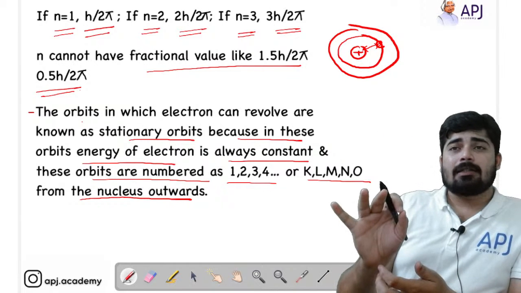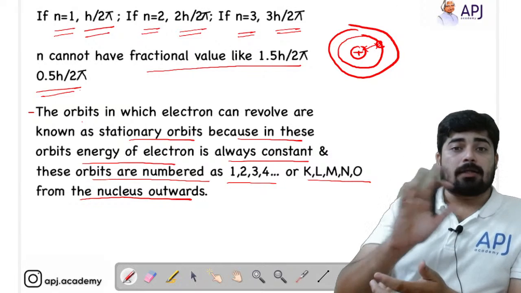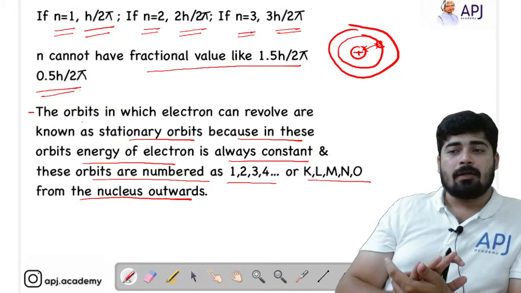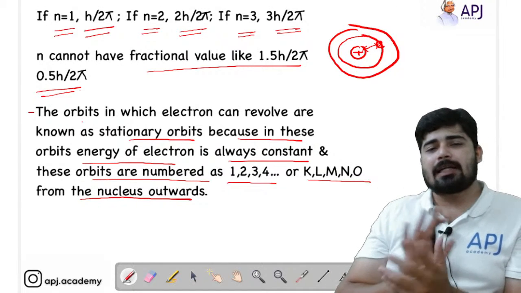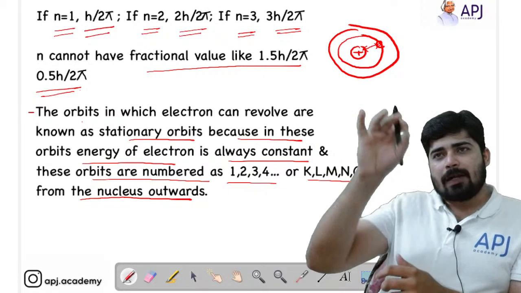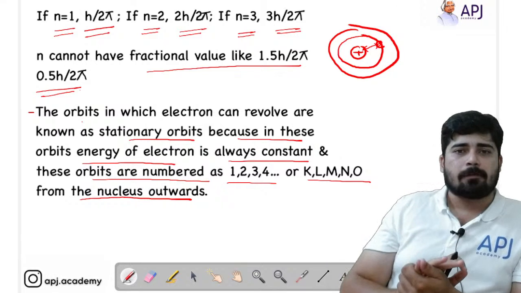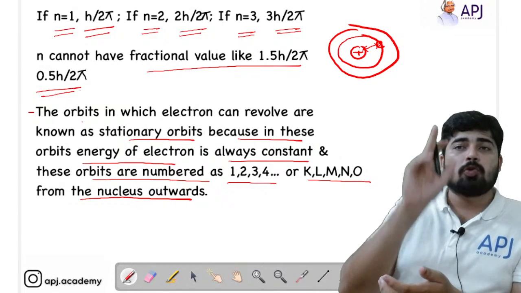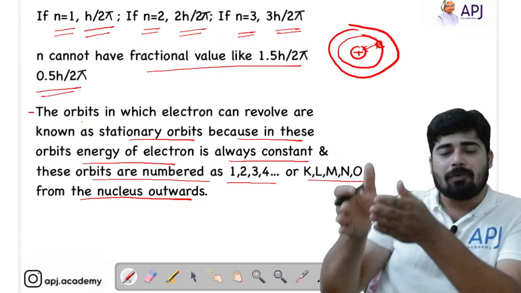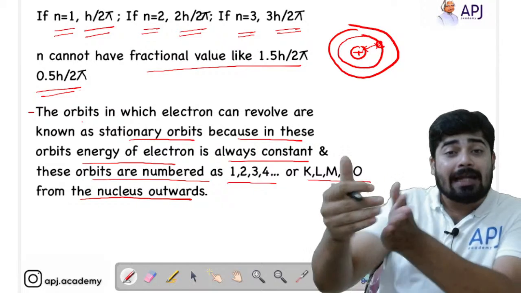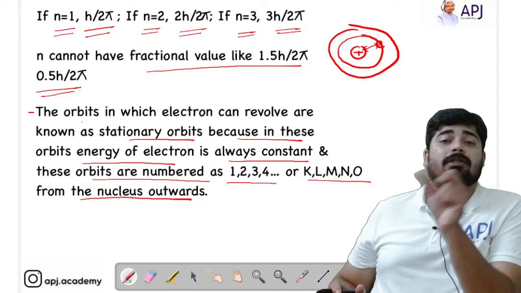So here Rutherford failed to explain the stability of the atom, but Bohr explained it very well by calling those orbits stationary orbits. What does that mean? Bohr said that if an electron is placed in a stationary orbit, or an orbit of constant energy, the electron need not use its energy, because each shell or each orbit has a certain energy field, or we can call it a constant energy field.